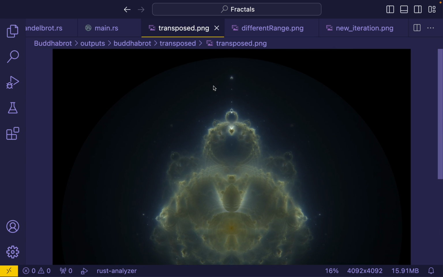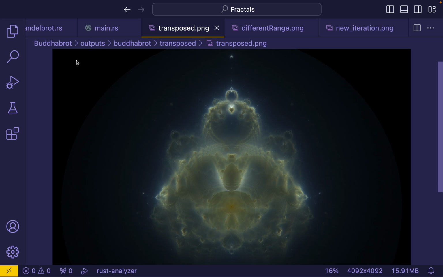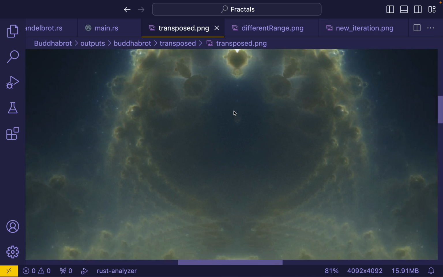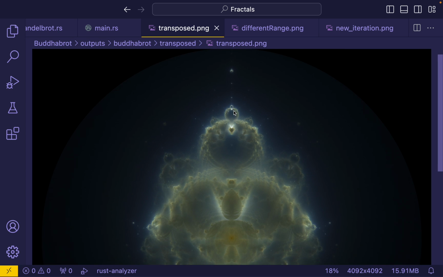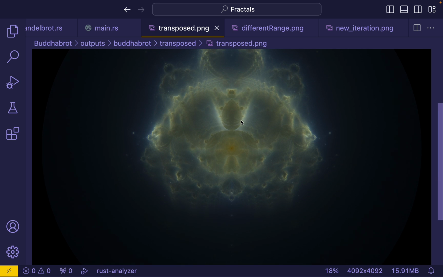I've already had 1 billion sample points, which is quite a lot, and even still, it's not completely smooth. So that just goes to show how computationally intense this Buddhabrot fractal is.